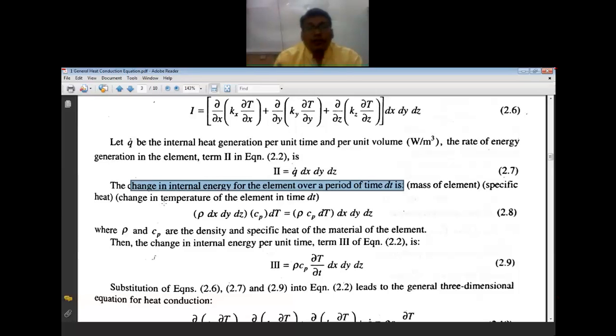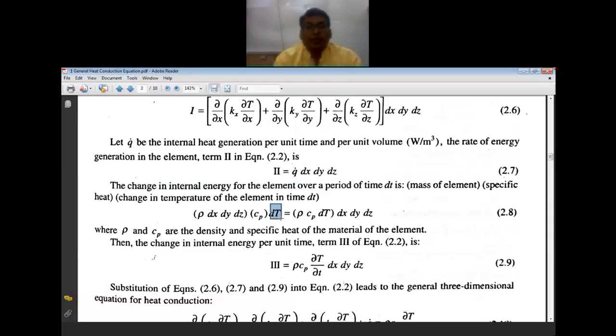When we talk about change in internal energy, that is related to m Cp delta T. Internal energy tells how much energy is in a material, and that is calculated from m Cp delta T. Here m is mass, written in terms of volume and density, Cp, and the temperature change dT.